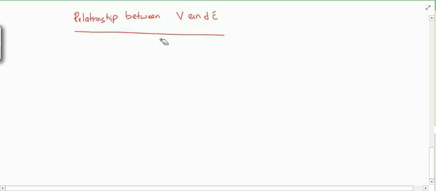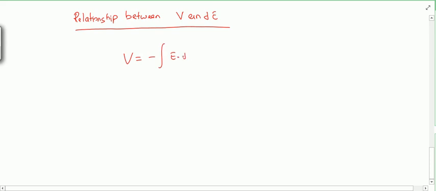Now we'll see another thing, the relationship between electric potential and electric field. You already know we can calculate V by minus integral of E dot dl, right?